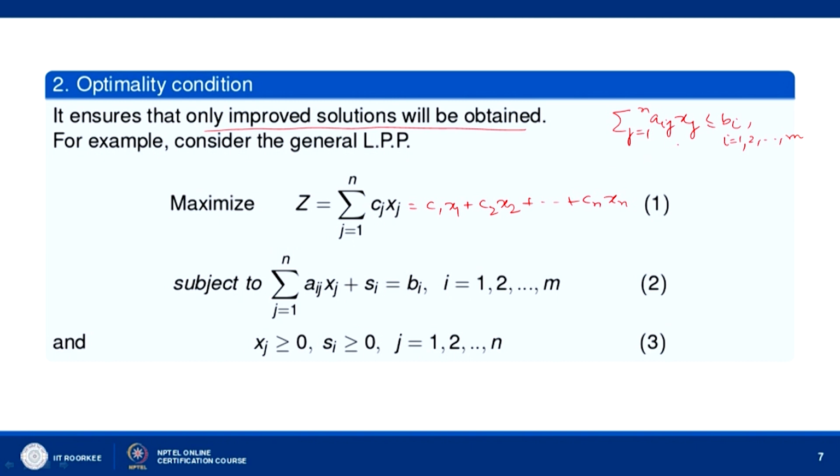We can convert the inequalities into equations by adding slack variables. So, sigma j equal to 1 to n a_ij x_j plus s_i equal to b_i, where the s_i are greater than or equal to 0 for all i.